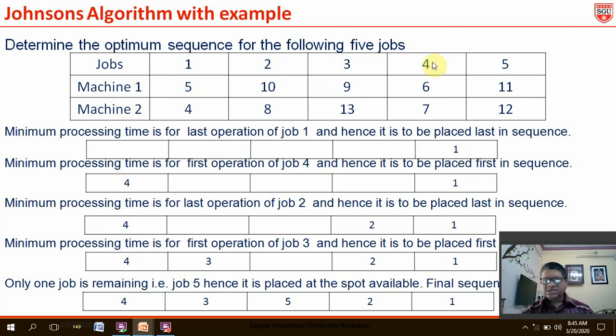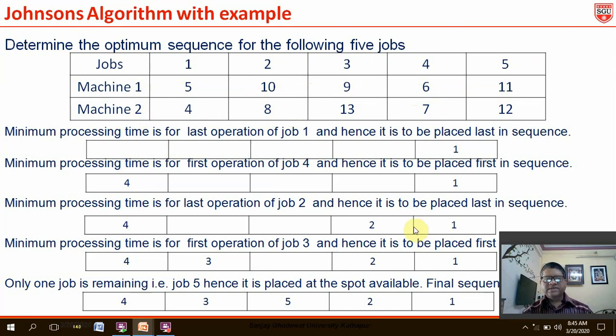Once this job is sequenced, we have to consider only the remaining jobs. Out of the remaining jobs, the smallest processing time we find is 6 on machine 1, the first operation of job 4, and therefore job 4 is sequenced first. Then we consider the remaining 3 jobs. Out of these, the smallest processing time is 8, for the last operation of job 2.